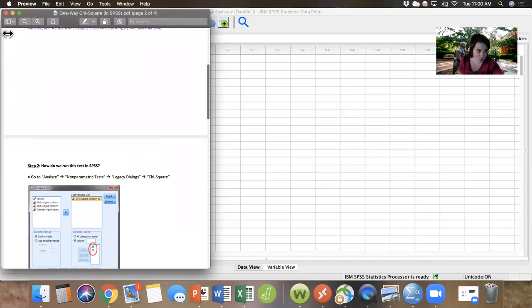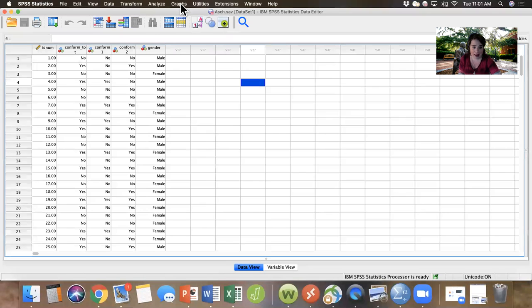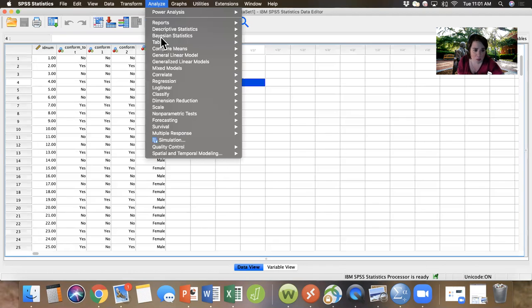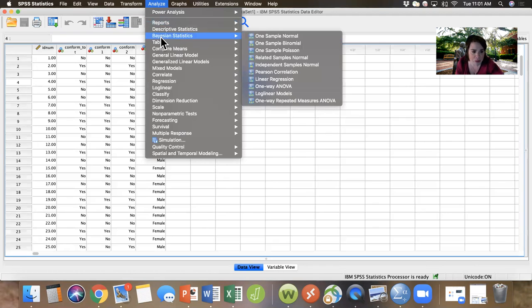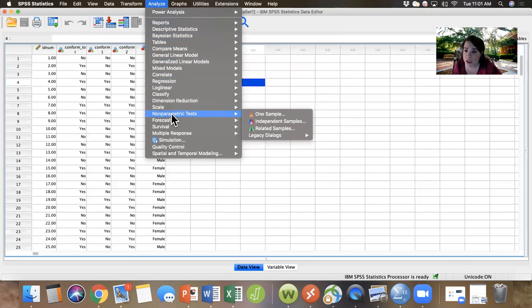So again, how do we conduct a one-way, or one-sample, oh my goodness, a one-way chi-square test? Well, we're going to go to Analyze, just like we did with the one-sample t, and then to Non-parametric Tests.